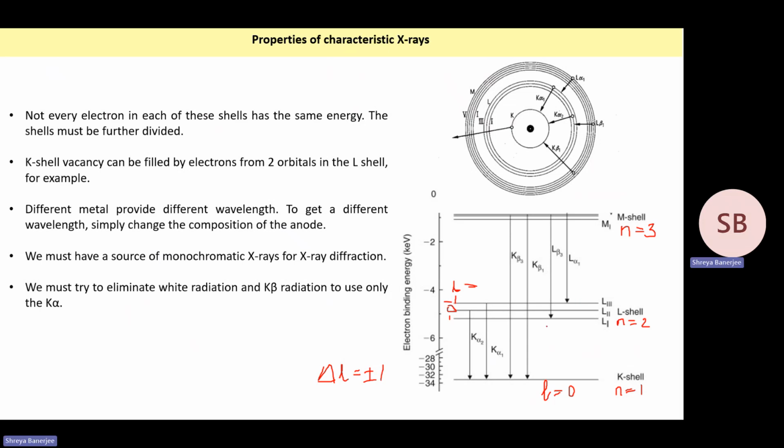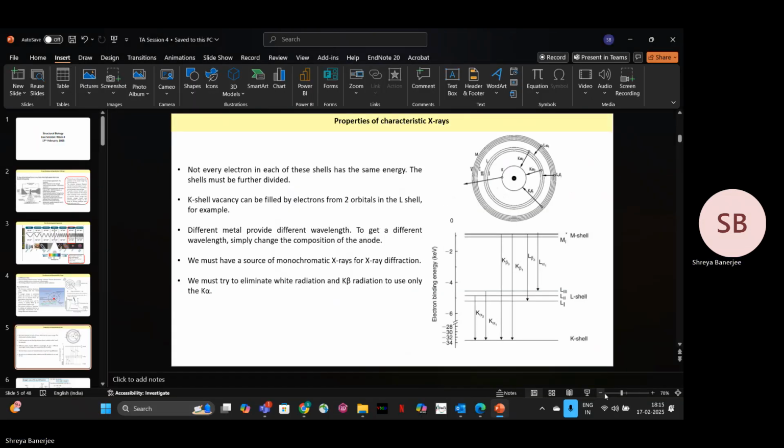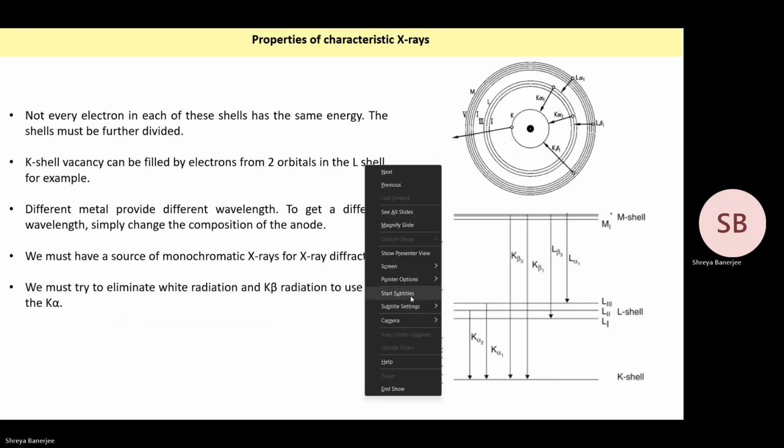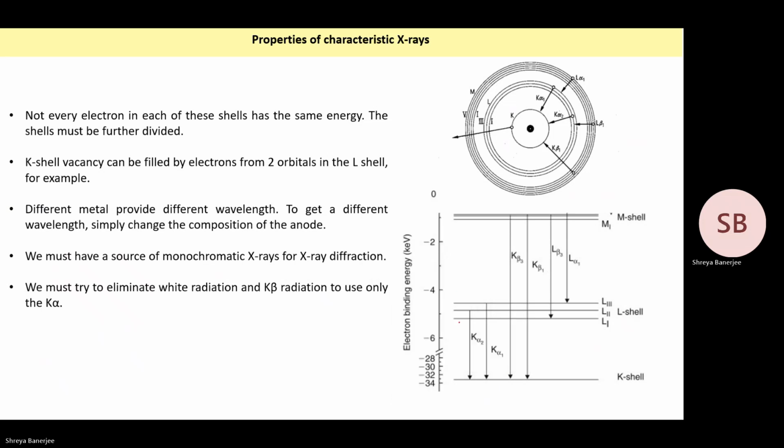The l value in K is just 0. In L, it is 0, 1, -1. And the selection rule is that delta of the azimuthal quantum number l has to be plus minus 1.